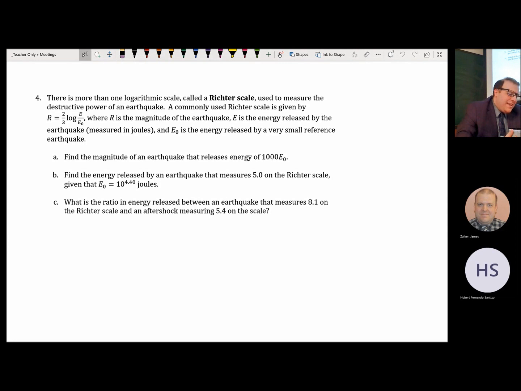R is the magnitude of the earthquake, E is the energy released by the earthquake, and E naught is the energy released by a very small reference earthquake. Again, when we talk about the energy being released, we're talking about at the source.